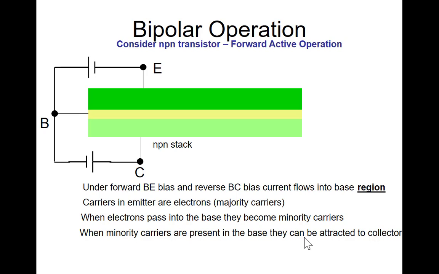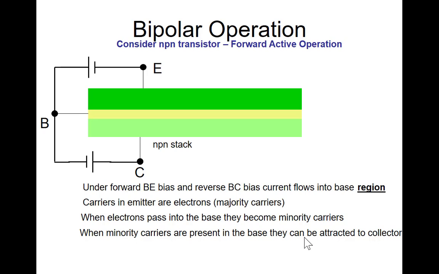If you have a positive voltage and you put an electron there, what forces are applied to that electron? That electron is attracted towards the positive side of the supply voltage. So let's see what happens. We've got electrons coming here, and then they get into this base region.